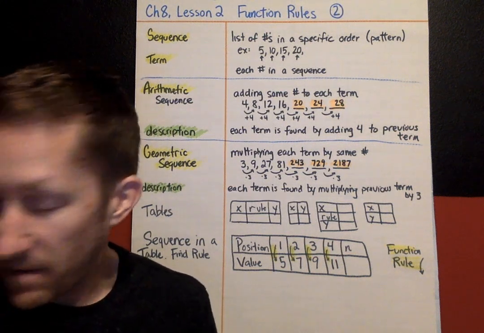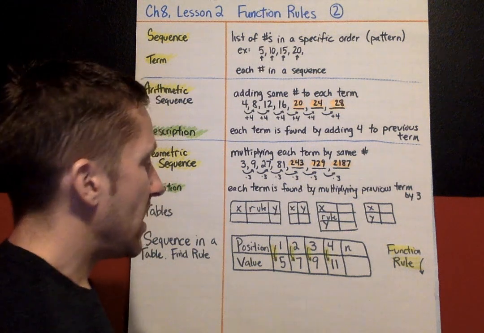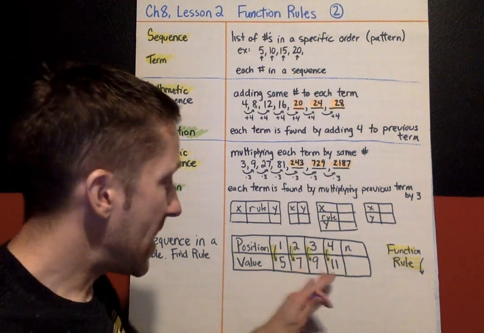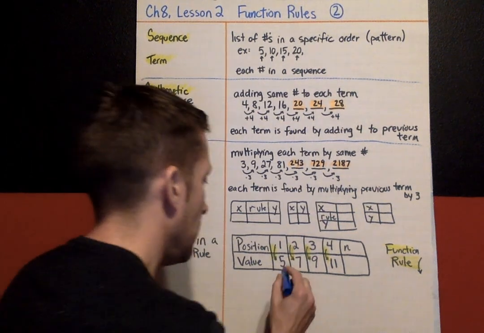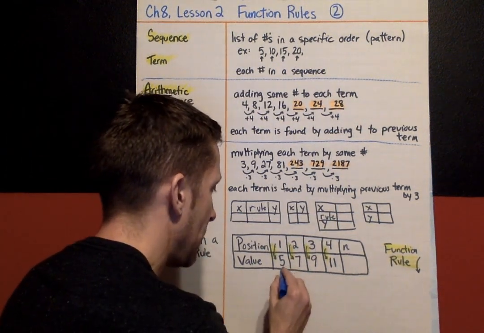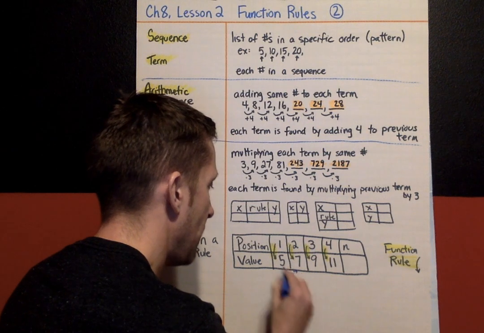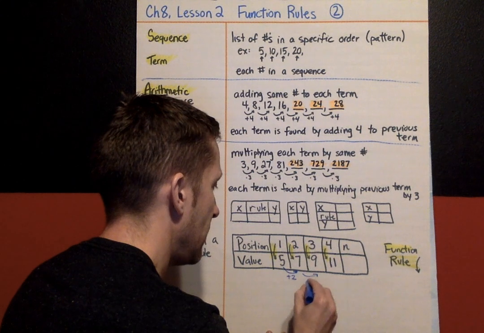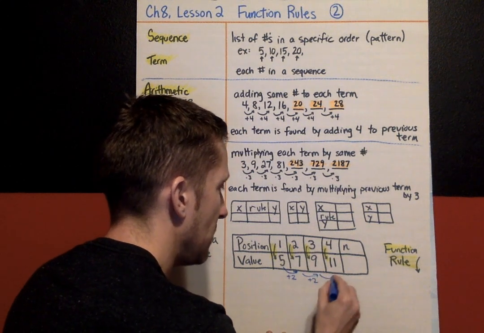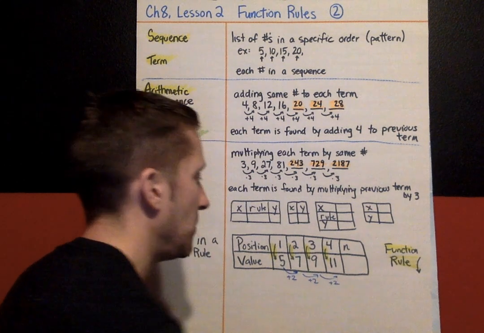So here is a way to get started when you can't see the value right away. Look at the change in the y values. How is it changing from 5 to get to 7? Plus 2. From here to here is plus 2. From 9 to 11 is plus 2.